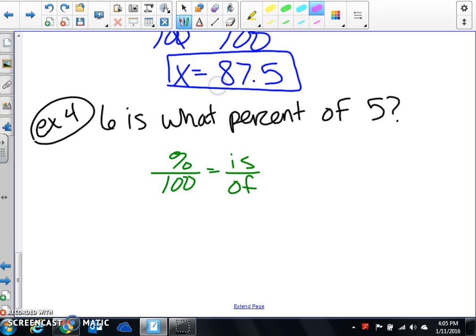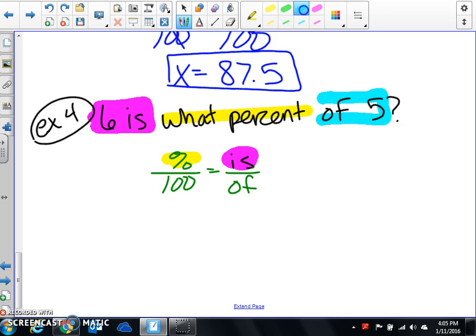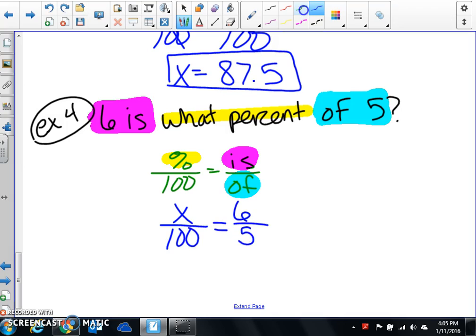Grab your highlighters. 6 is, so is going to be up here. What percent? We don't know, so that's going to be our variable this time. And then of 5. So of 5 is going to go there. So let's go ahead and plug everything in. What percent? We don't know, so that's x over 100. Is 6, of is 5.